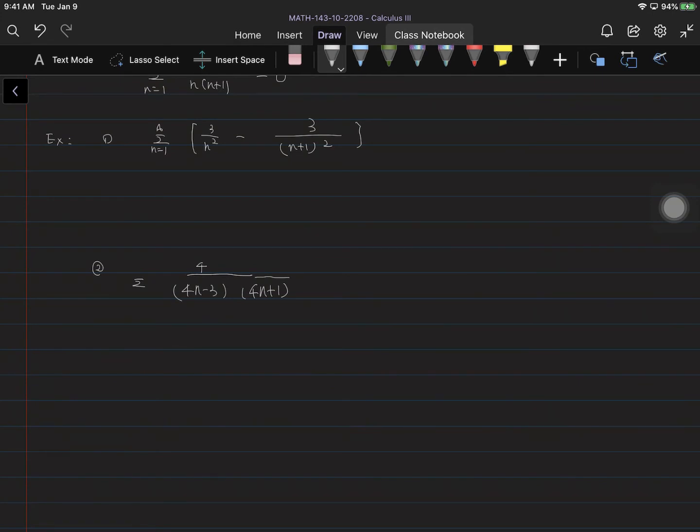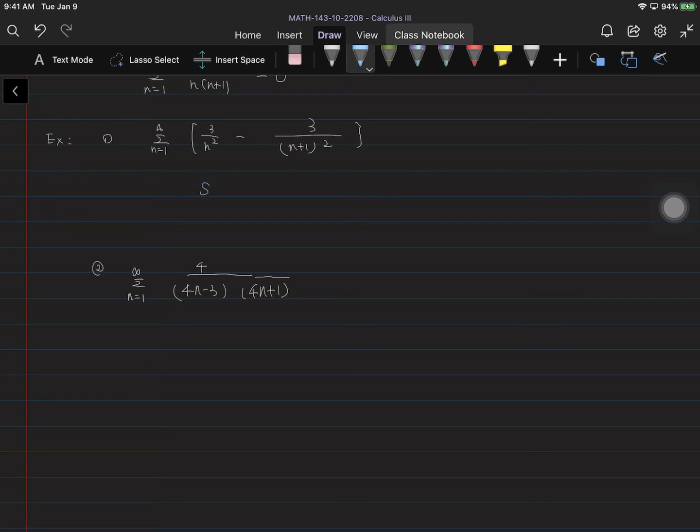The second exercise problem will be this one, n from 1 to infinity. For the second series, we have only one term an, so we need to use partial fraction to separate this into 2 terms. Okay, so here's the solution. But it's better for you to do this by yourself before you look at my solution.